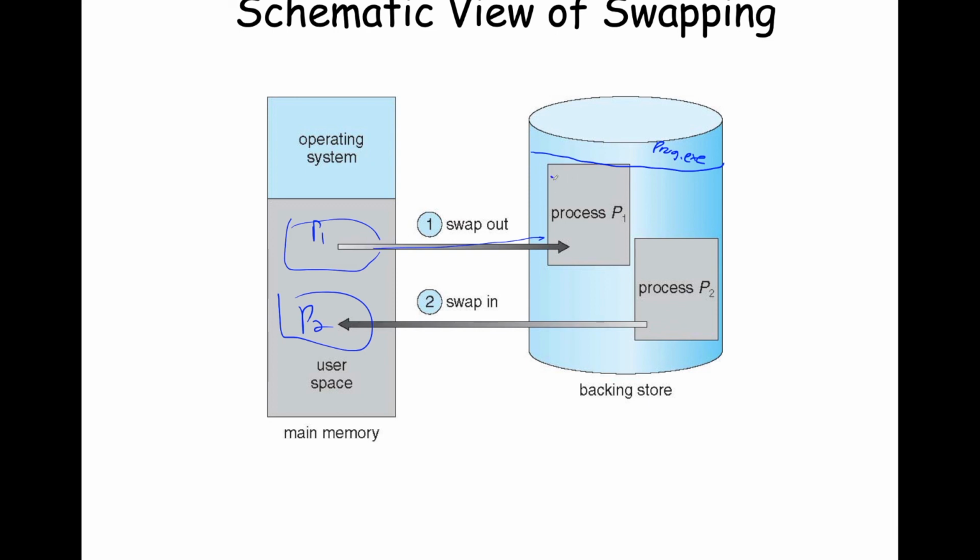This version of process P1 in the backing store is not the same as the program version of that process. Program1.exe is the program on disk, but it's a process in a different form when it's in this memory image format in the backing store. Really important distinction to remember.